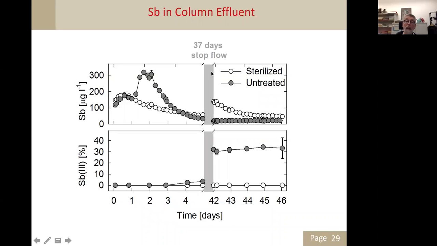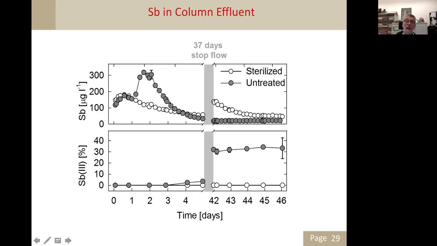So that is the gray part where we have the interrupted flow, and here you see the effluent concentration of total antimony and the percentage of antimony 3 in this effluent. And you clearly see that in the beginning, sorry, this is for the sterilized columns. Here we used sterilized soil and compared it to non-sterilized soil.